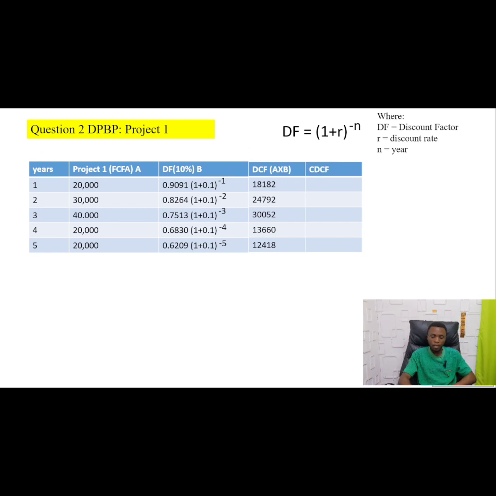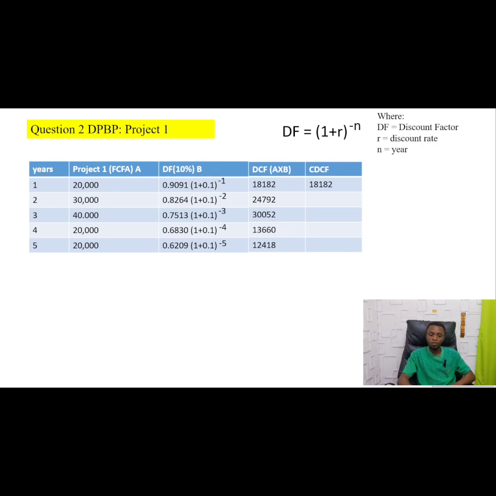Now let's introduce another column, which is the cumulative discounted cash flow. Like in our last lesson, where we cumulated the cash flow in order to calculate the simple payback period, in this case we have calculated the discounted cash flow, and in this column we are going to be cumulating this discounted cash flow. The first one remains constant.